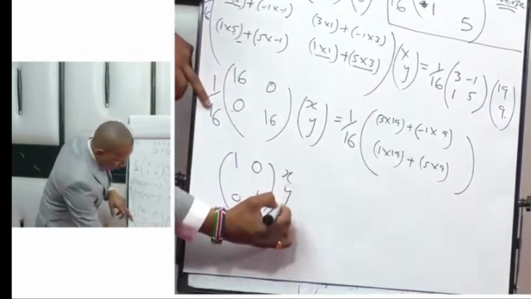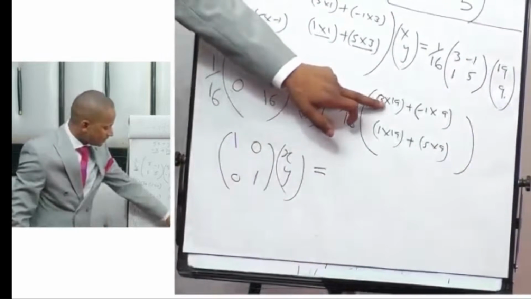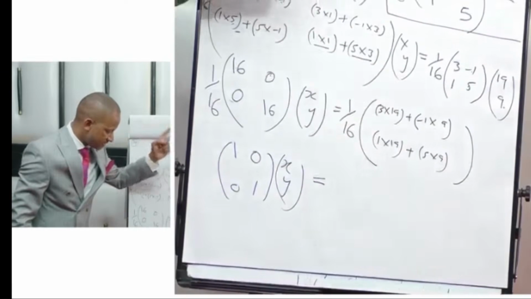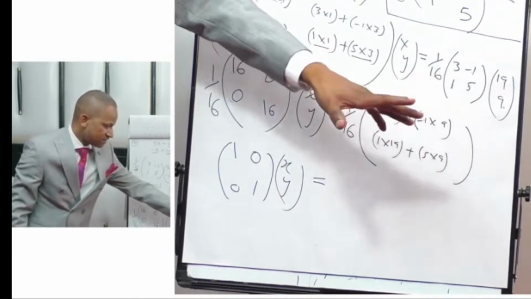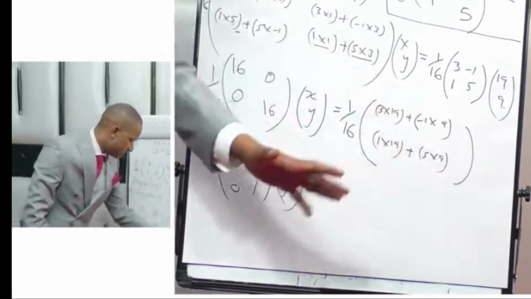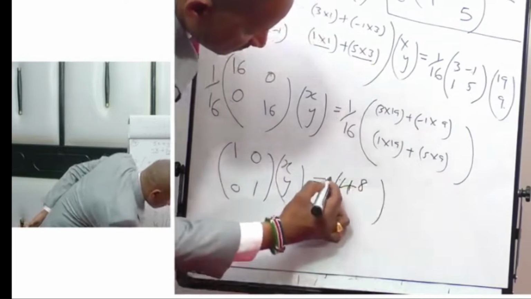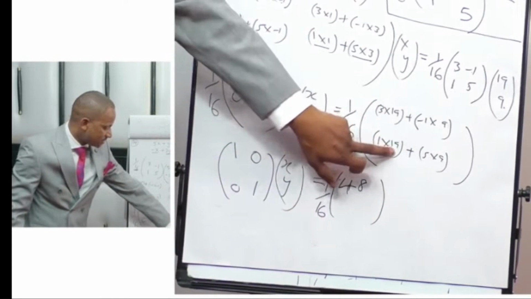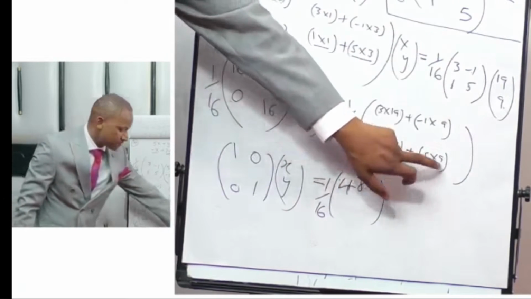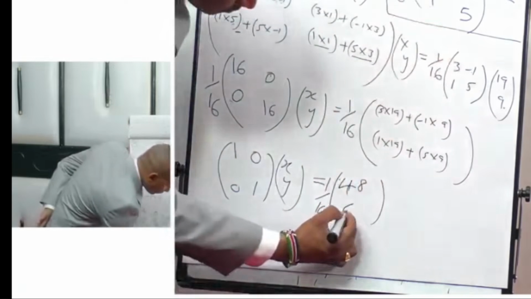Then x, y equals 3 times 19 is 57. 57 plus minus 9 is 48. Remember, we have 1 over 16 outside. Then 1 times 19 is 19. 19 plus 45 is 64.